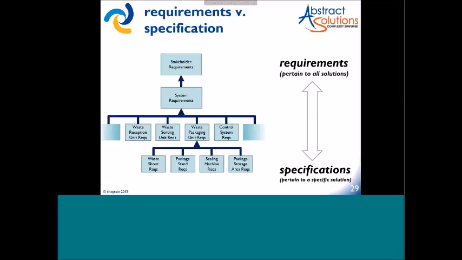Now the thing about requirements is that they are supposed to permit multiple possible solutions, and the requirements are what should pertain to any solution that you propose. Whereas specifications are specific to a particular solution, included in the name, a specification.